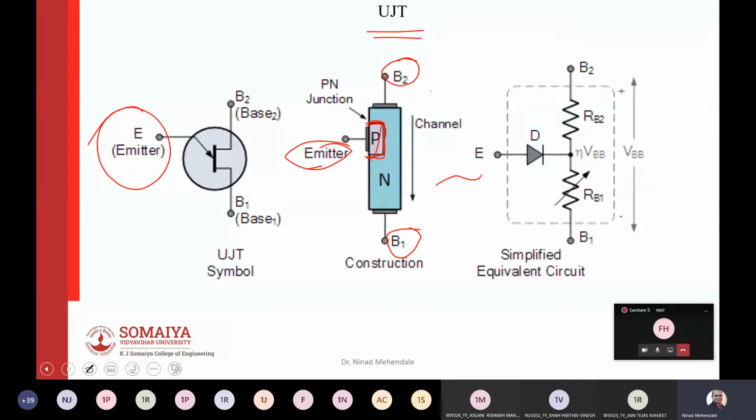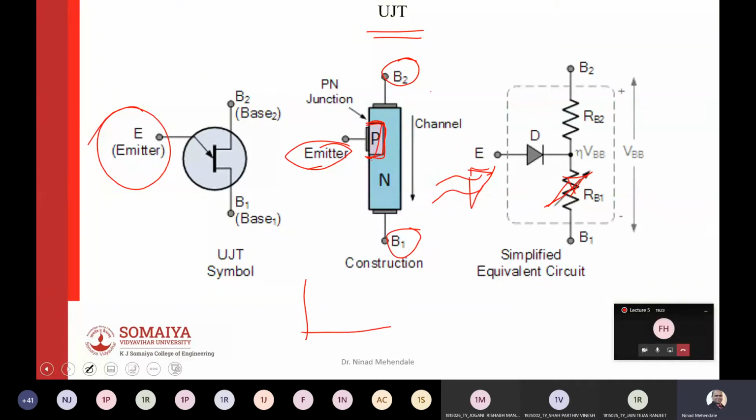If you see an equivalent circuit of a UJT, it's a diode with two resistances, RB1 and RB2, and you can control this by the special characteristic called negative resistance region.